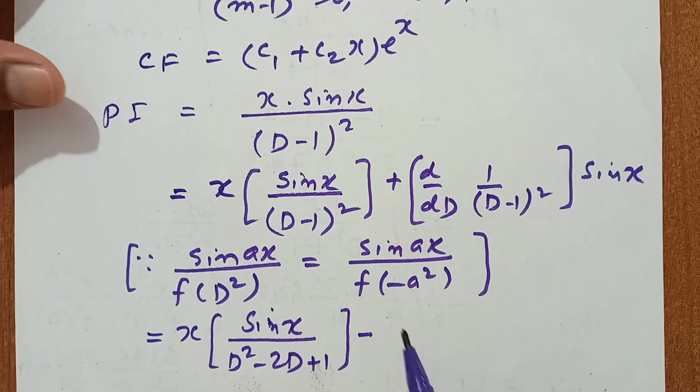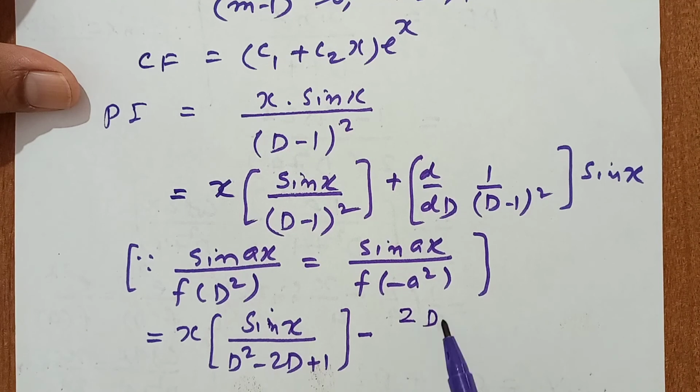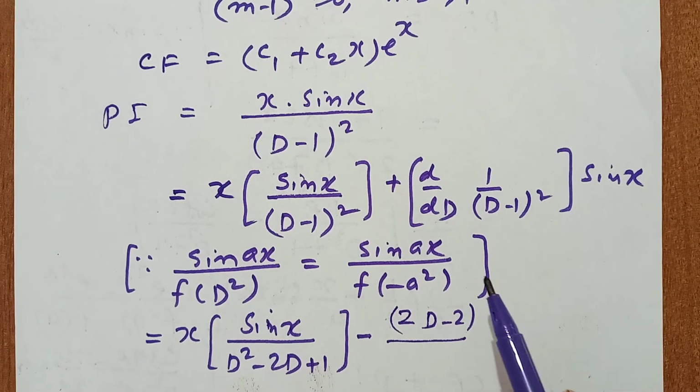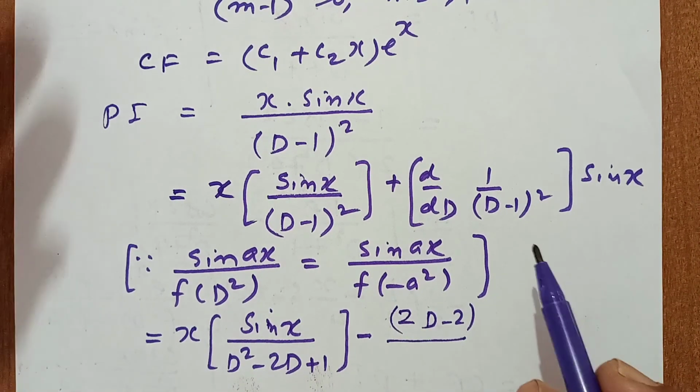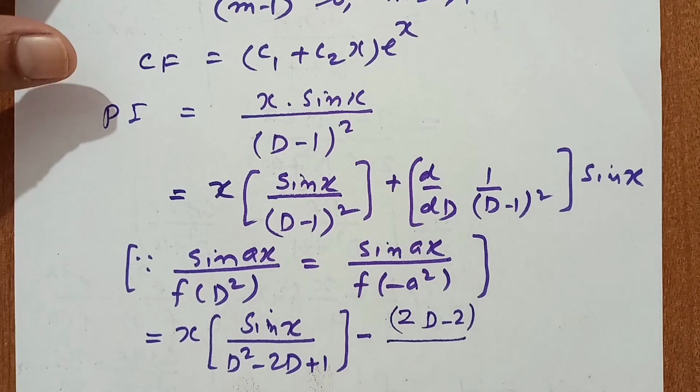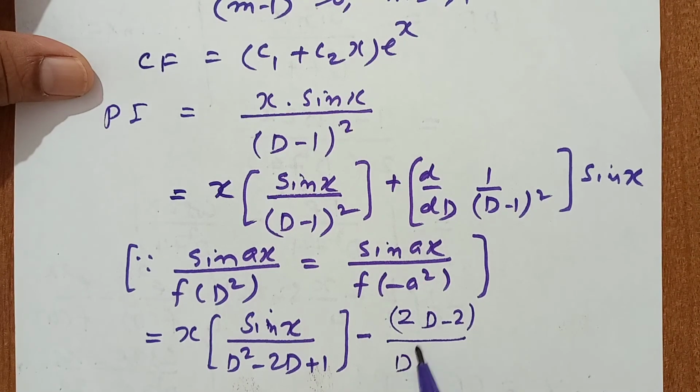Plus, differentiating, minus 2 (D minus 1) upon (D squared minus 1) squared, which means (D minus 1) whole square is D squared minus 2D plus 1, into sin x.